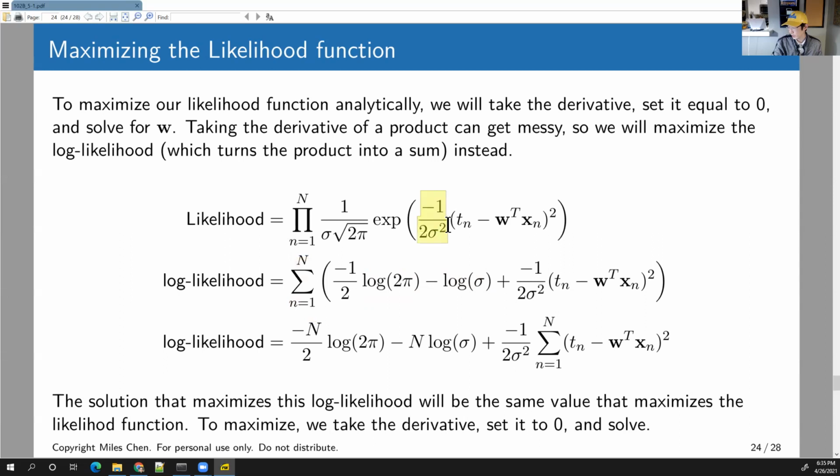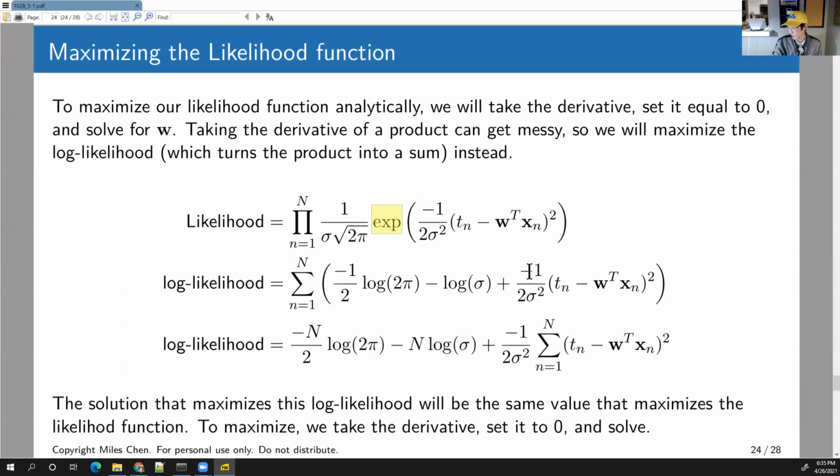Over here, I've got e raised to all of this. The log of that gets rid of the e, and so we just get all of this part, because the log cancels out the exp, which is convenient. Now I have the sum from n equals 1 to big N of all of these terms.